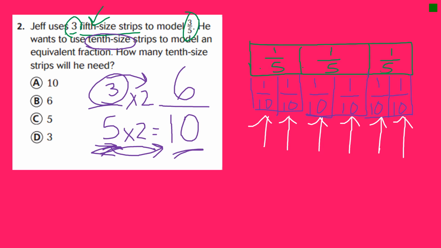So how many 10th size strips will he need in order to have an equivalent amount to 3/5? He will need 6 10th size strips. All right? Beautiful. Let's go to the next one.